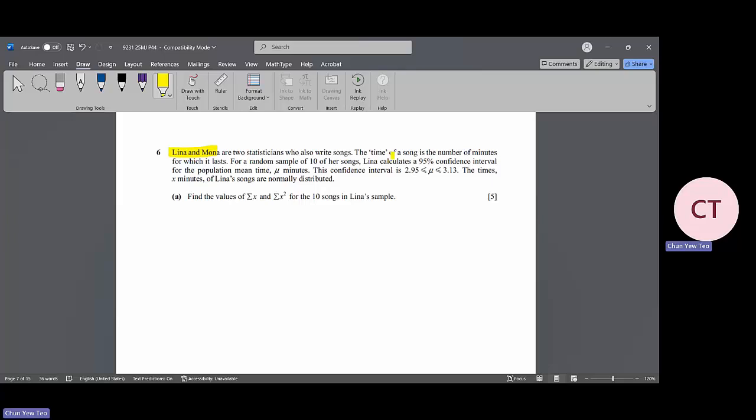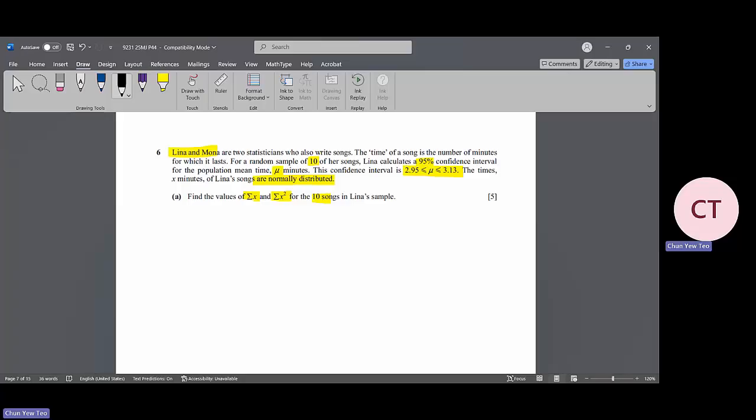The time of a song is the number of minutes for which it lasts. For a random sample of 10 songs, Lina calculates a 95% confidence interval for the population mean time in minutes, and the confidence interval is given as follows. The times X minutes of Lina's songs are normally distributed. Find the sum of X and the sum of X squared for the 10 songs in Lina's sample.